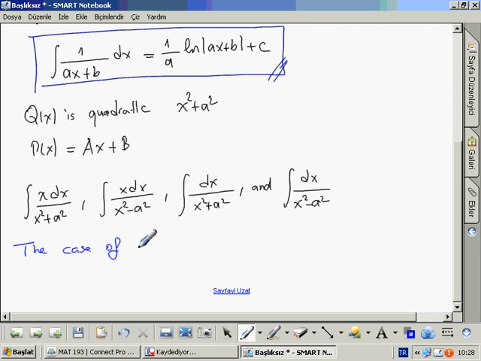This is the case of a quadratic denominator.